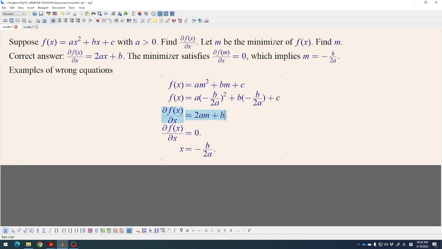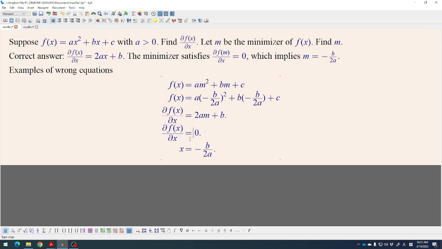Similarly, this is wrong because on the left hand side, this is a derivative function, a function of x. You can put different x here, but on the right hand side, you already fixed x equals m. So this is true only when x equals m, and in general this equality is wrong. Again, this is wrong because the derivative may be different from 0 depending on x.